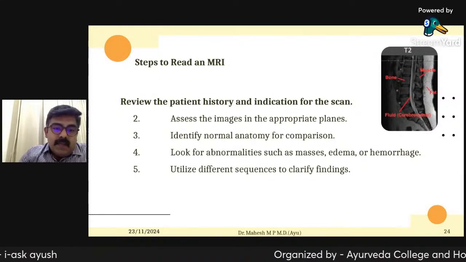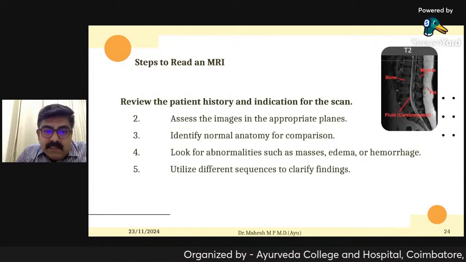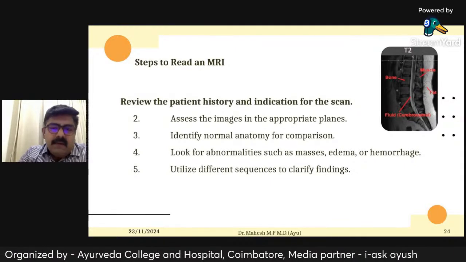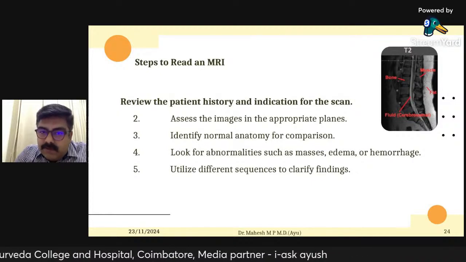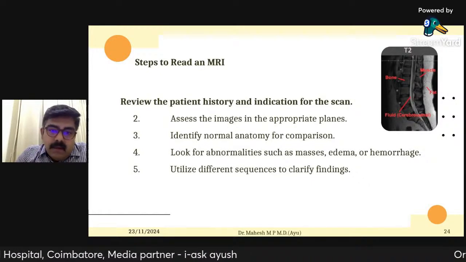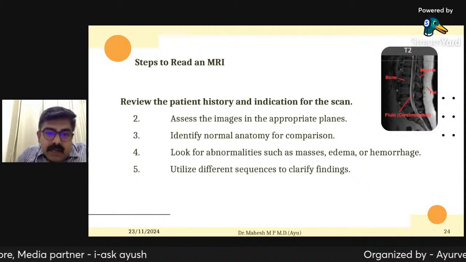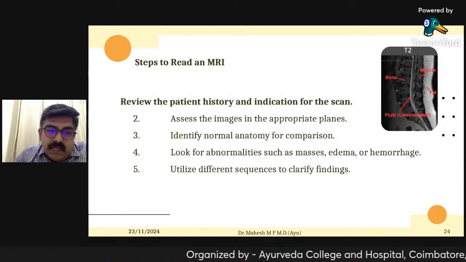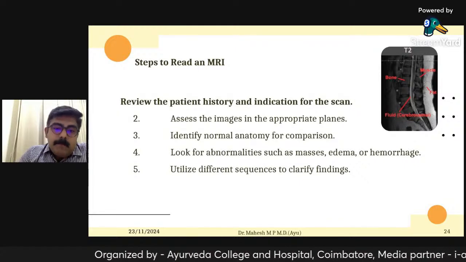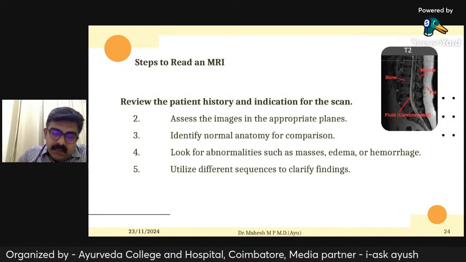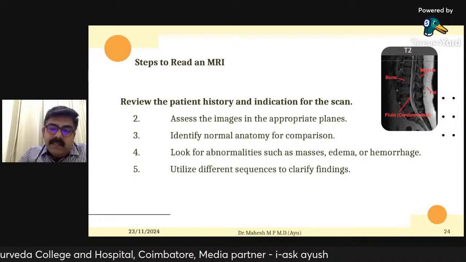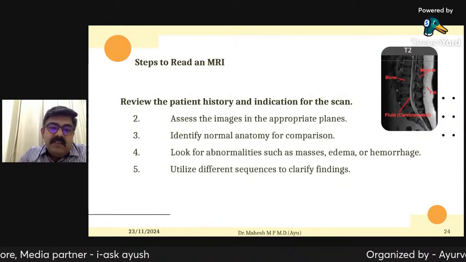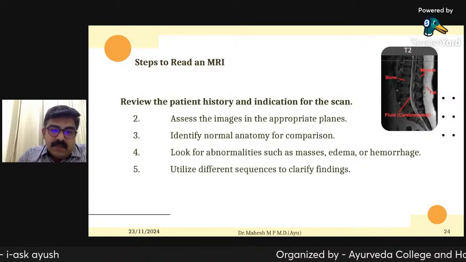Look for abnormalities such as masses, edema, hemorrhages. We already discussed the sequences of MRI, why they are important and what they highlight, and utilize different sequences to clarify the findings. Then clinically, what are his complaints? Only then can we get a clear picture regarding the diagnosis.